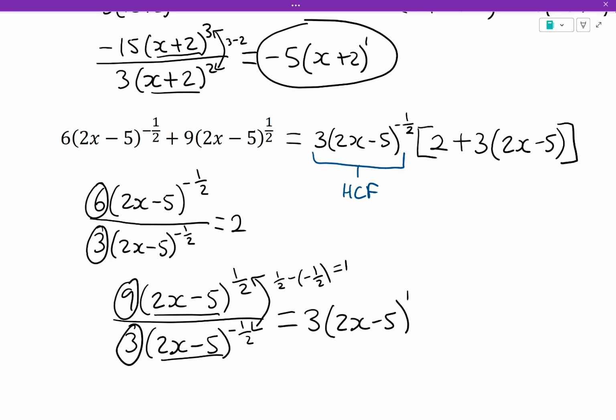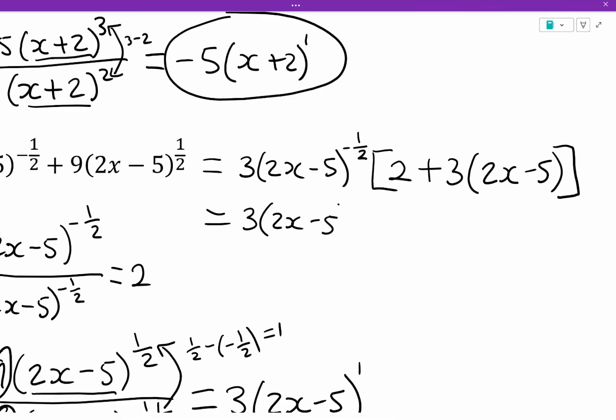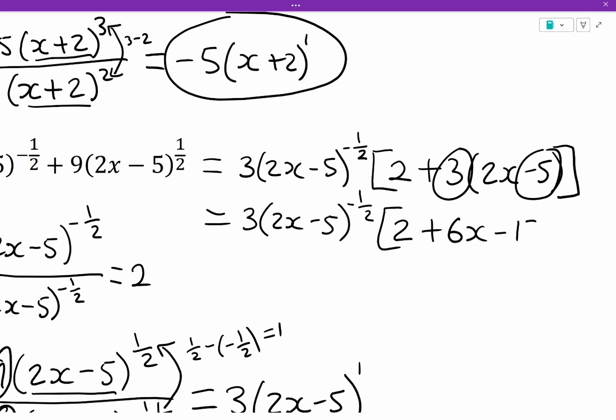Now what we're going to do next is, because we completed our square brackets, simplify them. So I'm just going to take this off here. The highest common factor, we're not going to change that, so I'm just going to write that in. And then inside my square brackets, let's expand this bracket here. We've got 3 times 2x, which is 6x, and then 3 times negative 5, which is negative 15, like that.